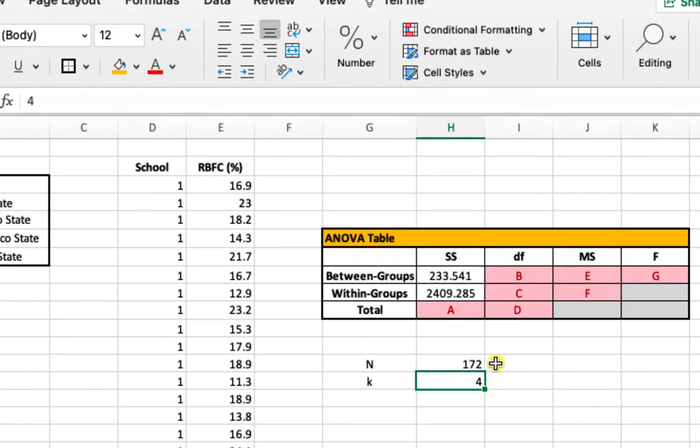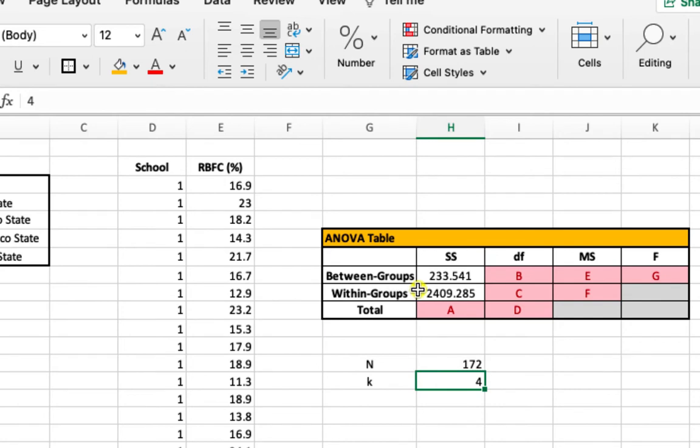So the first thing that we can calculate in this table, we'll start at letter A and we'll work our way to the F statistic at letter G. The sum of squares, remember, is looking at between groups and within groups comparisons.